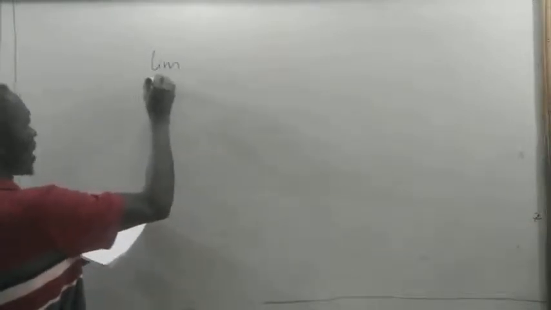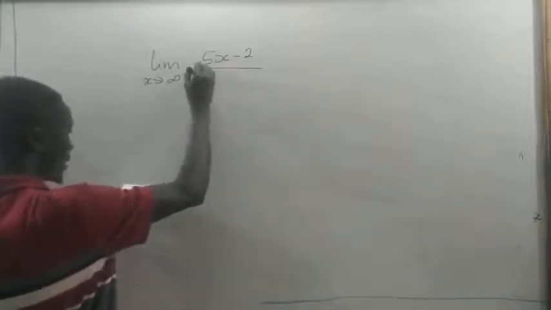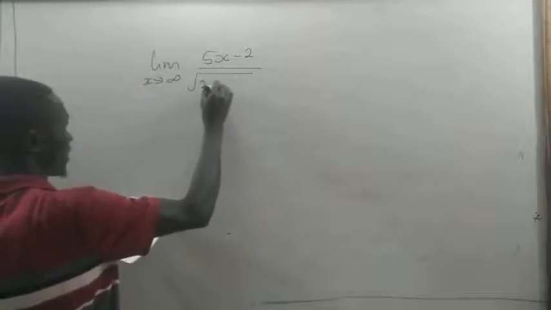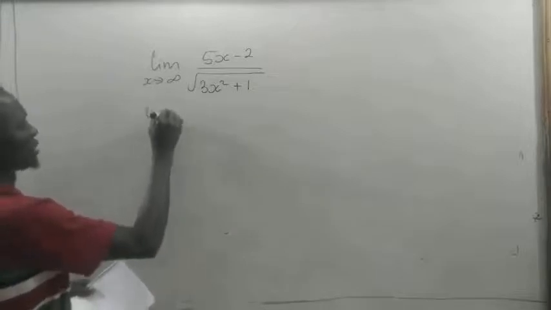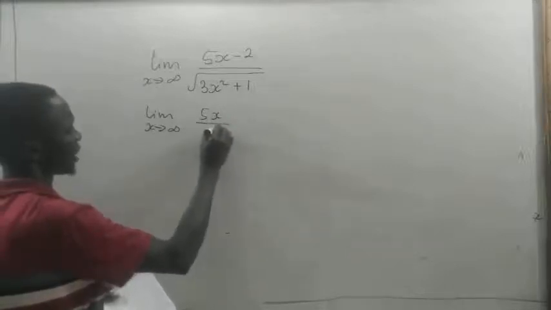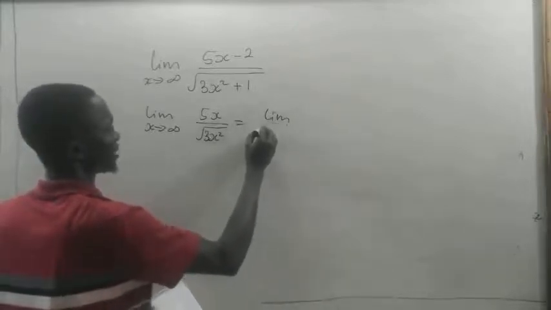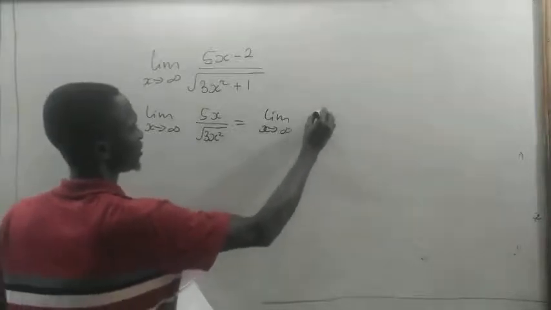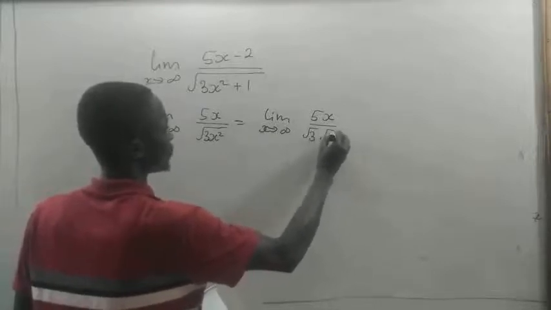I'm going to take the limit as x approaches infinity of 5x minus 2 divided by square root of 3x squared plus 1. So in this case, you are going to use the same idea. You have the limit as x approaches infinity, 5x divided by square root of 3x squared. So this will give us the limit as x approaches infinity, 5x divided by root 3, and you have root x squared.